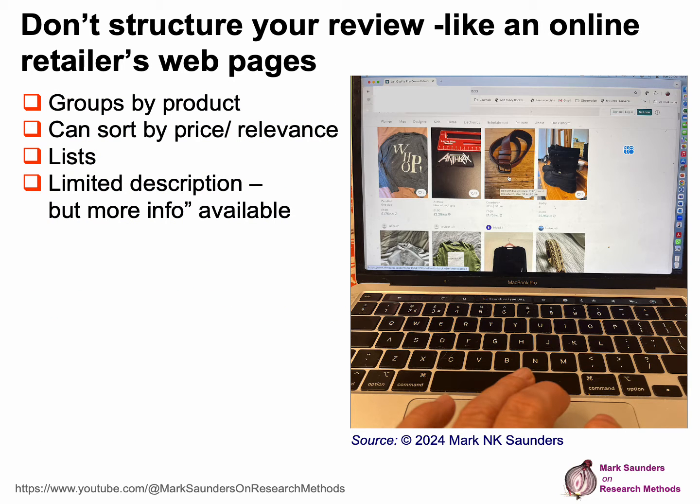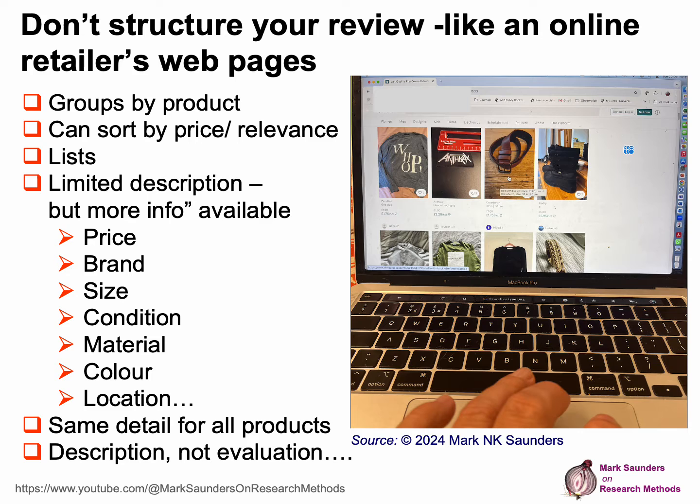So the warning, don't structure your review like an online retailer's web page. When you look at these, you'll see they group things by product, and we can sort it by price or relevance and perhaps a few other things. And everything is list-like. We can see that in the screen here. They give limited description, but then they say more information is available.